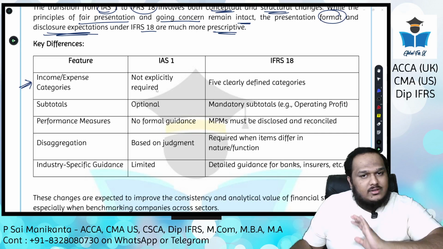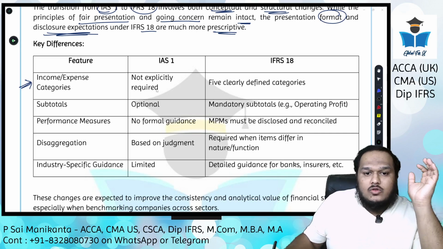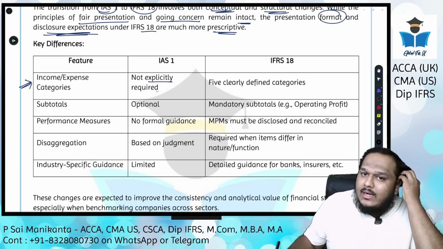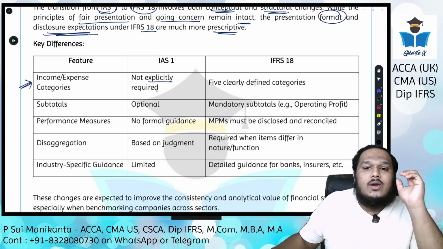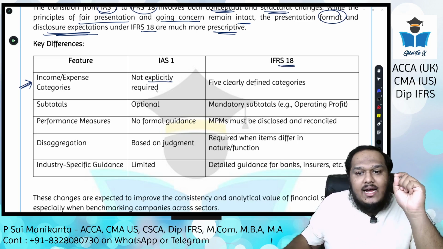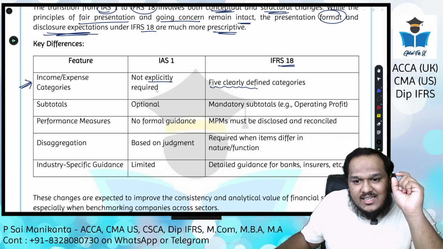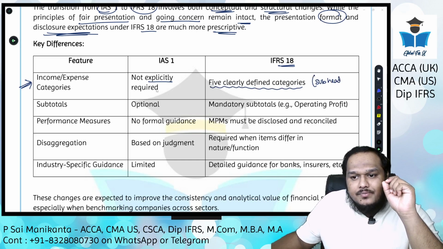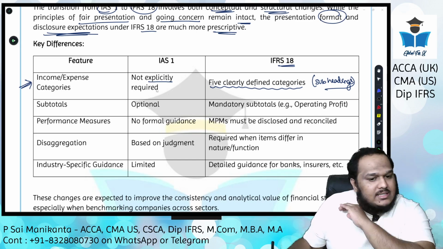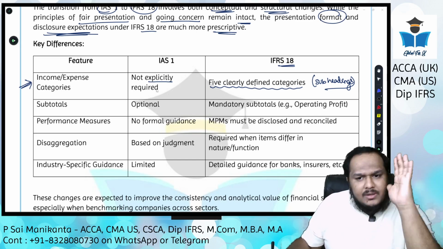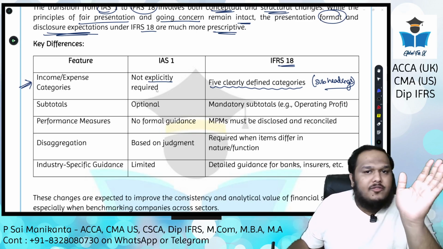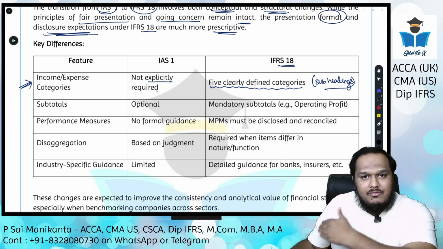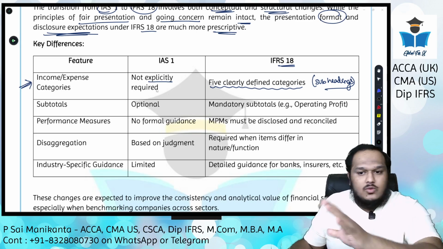So there is a standard, simple format, but no categorization is explicitly required in IAS 1. IFRS 18, on the other hand, has 5 clearly defined categories, or I would rather call them subheadings. These 5 categories are mandatory. For every company, these 5 categories should be there on the profit and loss. What are those 5? We'll talk about it. Subheadings, subtotals, whatever you want to call it.